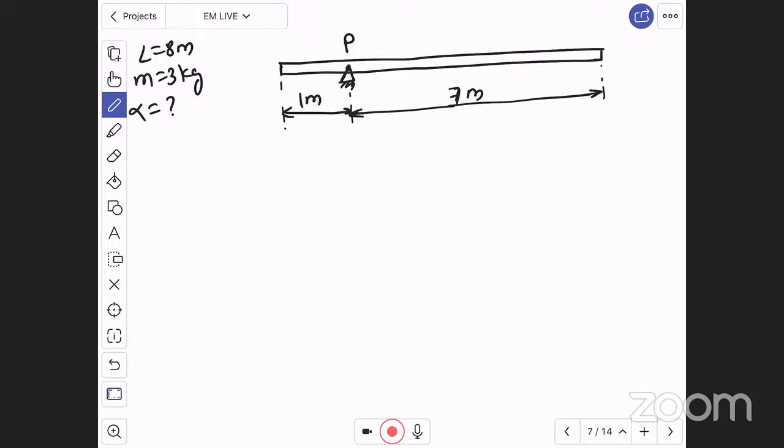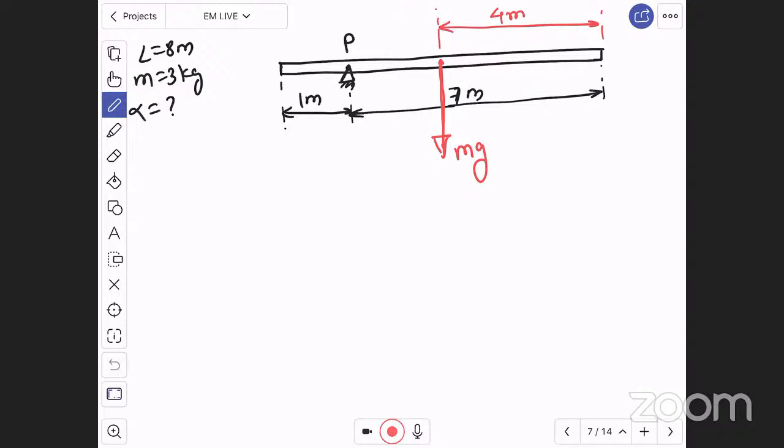Now let us find. Where will the total mass act? For this rod, the total mass will act exactly at the center of the rod, and the weight mg will act vertically downward. This center will be at 4 meter length from any one end, that is exactly at L by 2.